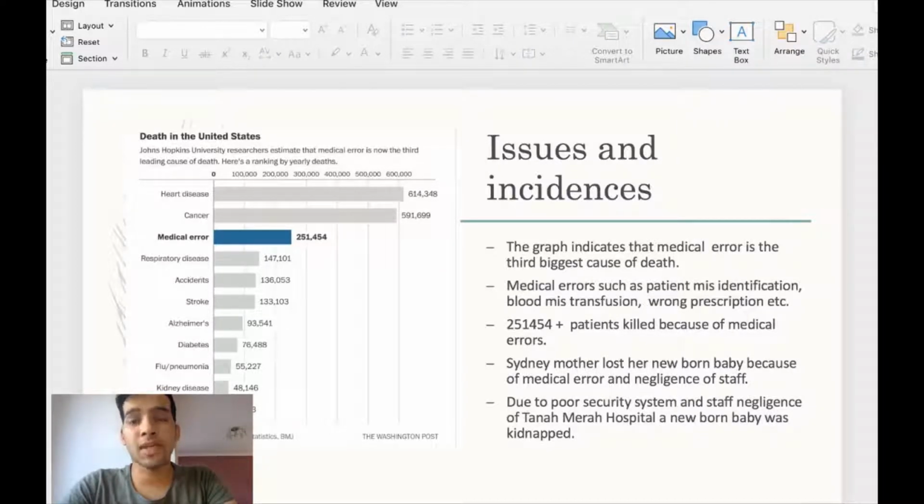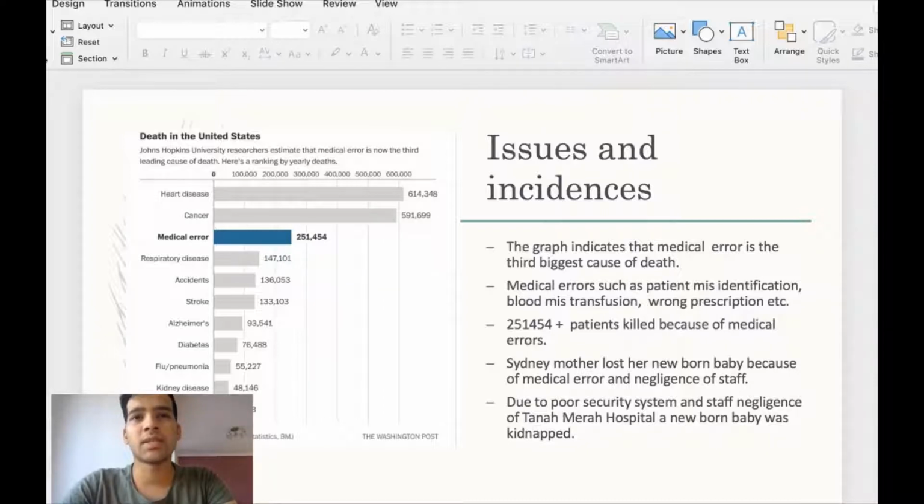Because of the misidentification of patients, a wrong prescription is given that causes adverse effects on the patient's body. It causes drug reactions in the patient's body and health, and they end up dead. Recently, a Sydney mother lost her new baby because of a medical error.